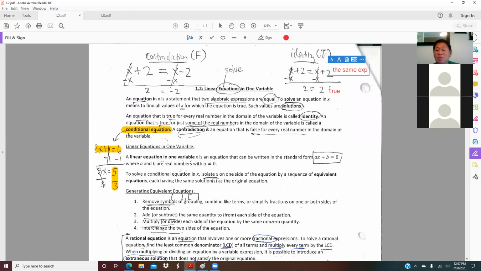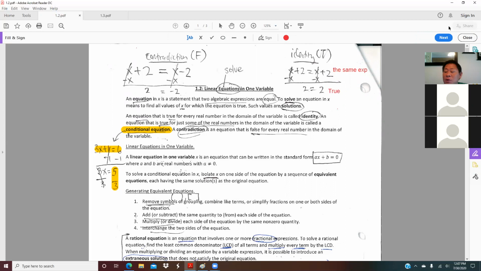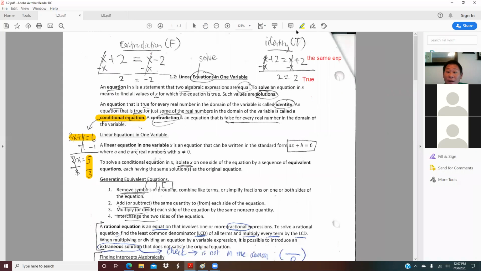What I mean by the same expression means they are the same, like x plus 2 and x plus 2 on both sides. This is what we call an identity. So make sure you guys know that yes, when you solve, it's not always you get an answer like 5/3 or x equals 2. Sometimes when you solve this, you figure out that the left and the right hand side is exactly the same, or in other words, your x is being canceled out. You get a true equation. This is what we call an identity.